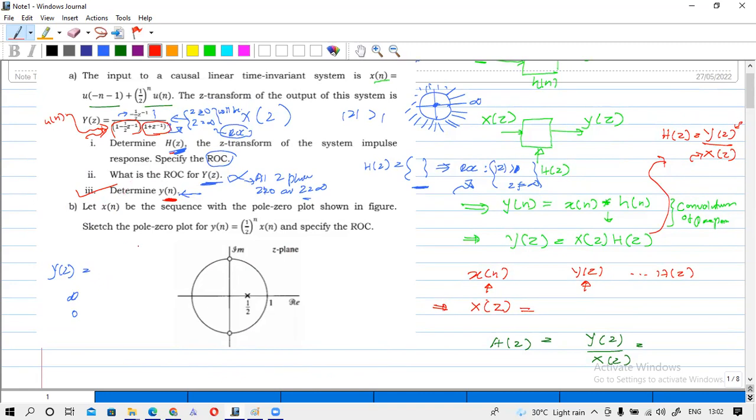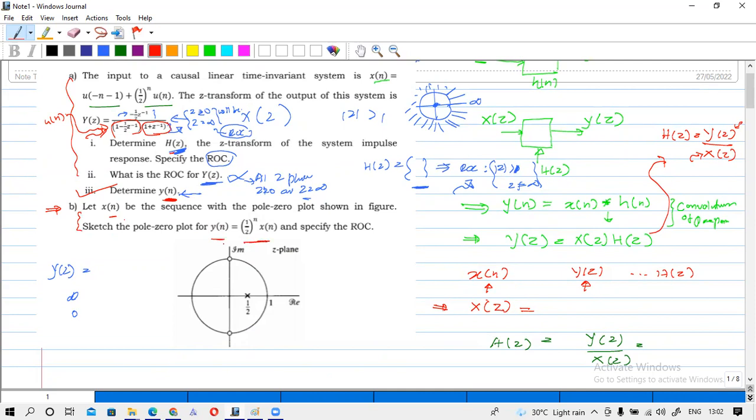Now I think this one is also not much difficult. So here for y. I think this one and this one are not the same, this is another part and this one is totally different, because the yn will not be like that.